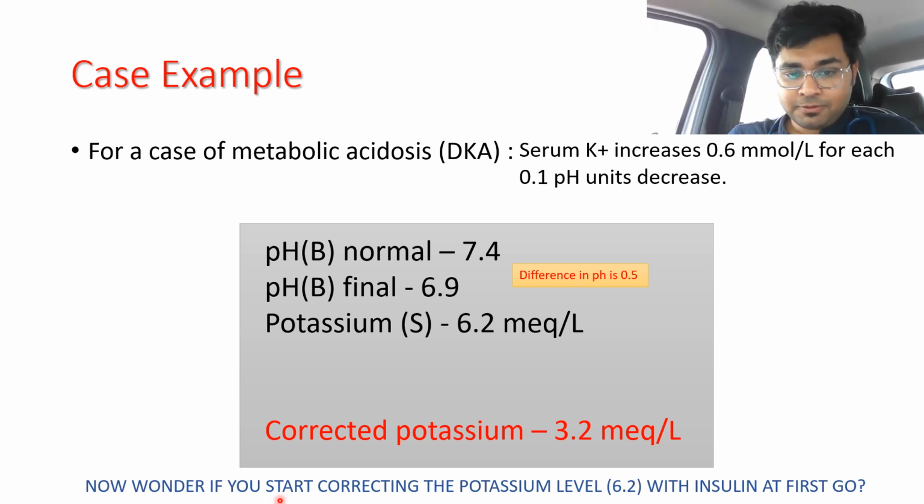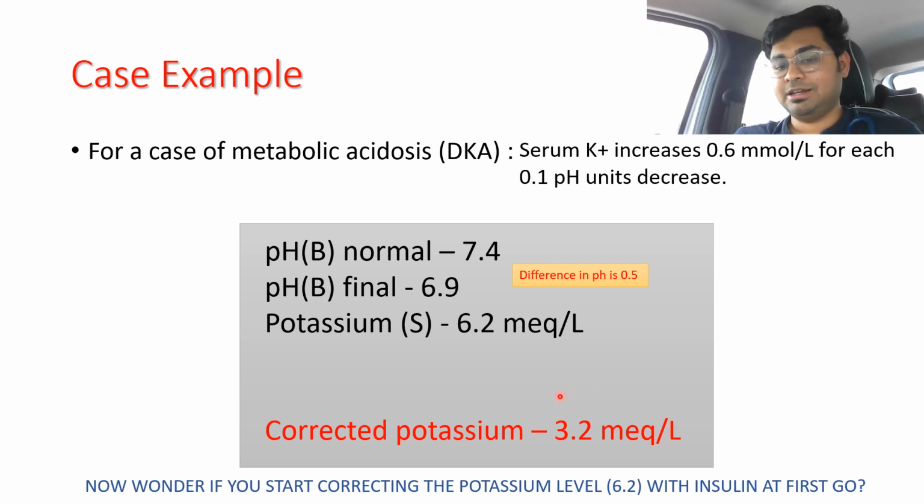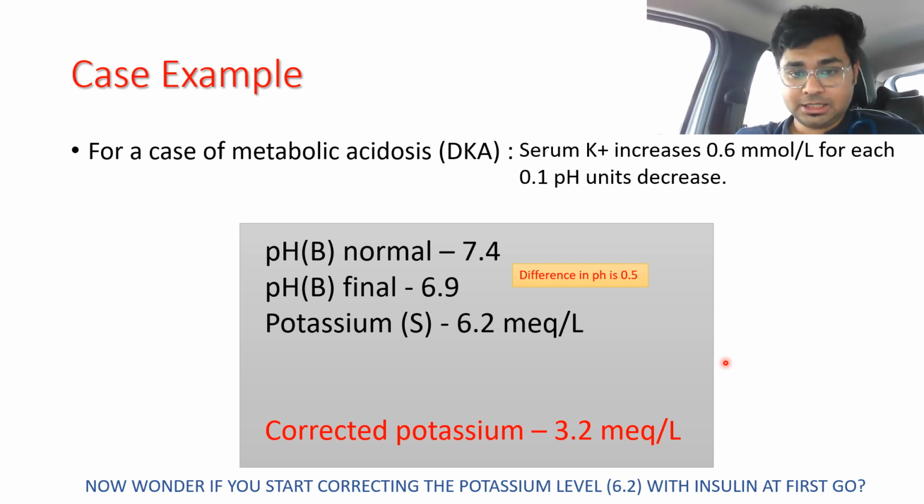Now just imagine if you had started correcting this actual level of 3.2 using insulin, you would have further led this patient into hypokalemia, ventricular arrhythmias and many sorts of arrhythmias.